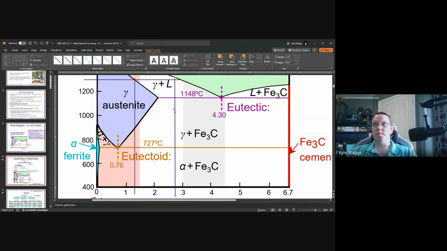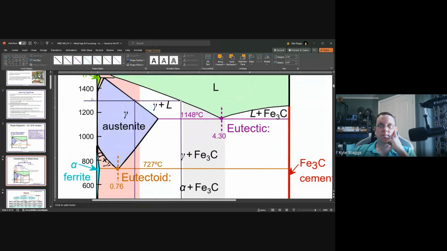Some of you did something like this and then said, oh, the answer would be 1.3 and 2.9 or 3, and then called it done. You haven't really started the analysis yet when this is the case. You've got your tie line, your starting point is this 1300, and you're trying to look at composition.